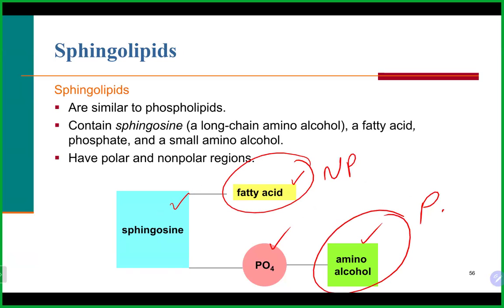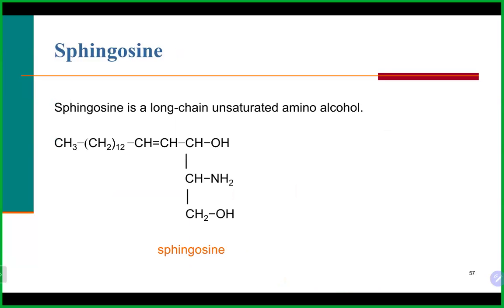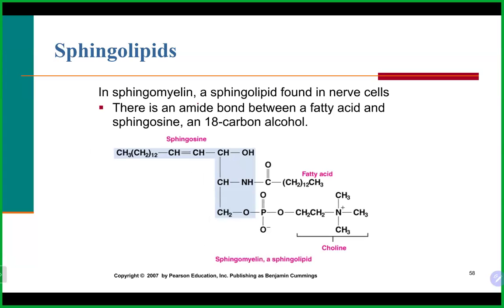Here's an example of one, I think. There's sphingosine, which is similar to glycerol, except it does have a nitrogen group in there. And again, our fatty acid long chain happening there. So this is an example of one of these. Here again is our sphingosine. There's our fatty acid, which would be our non-polar part.